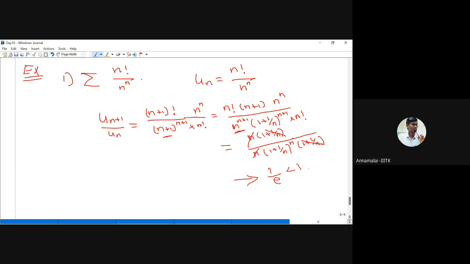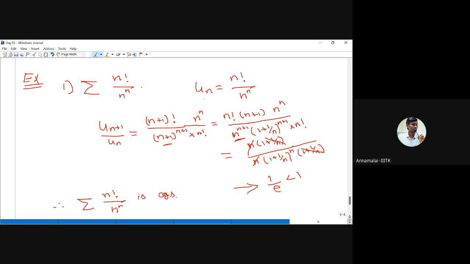So u(n plus 1) by u(n) is less than 1, therefore the series converges. Therefore, summation n factorial by n power n converges by D'Alembert's ratio test. This is a very important series, n factorial by n power n. They will regularly ask it in the examination.